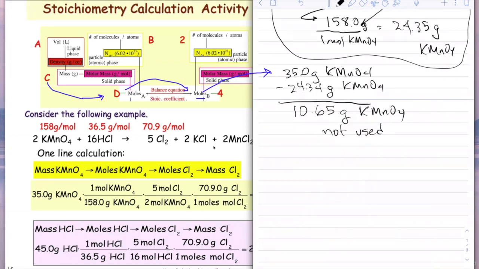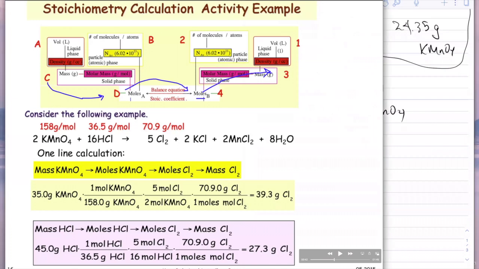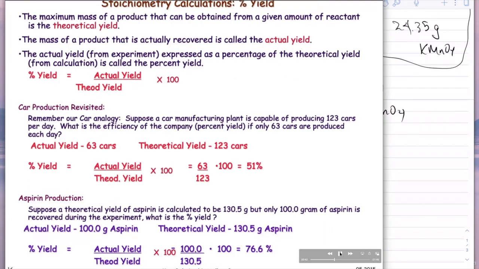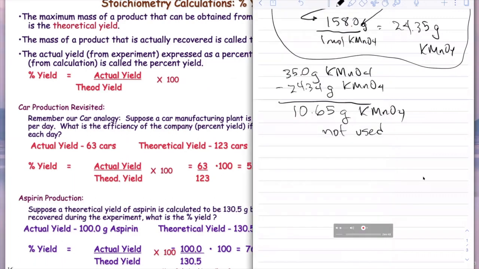Okay, so let me go ahead and continue on, because I want to make sure that you guys see variations of these things. The percent yield is always going to be equal to the actual over the theoretical.